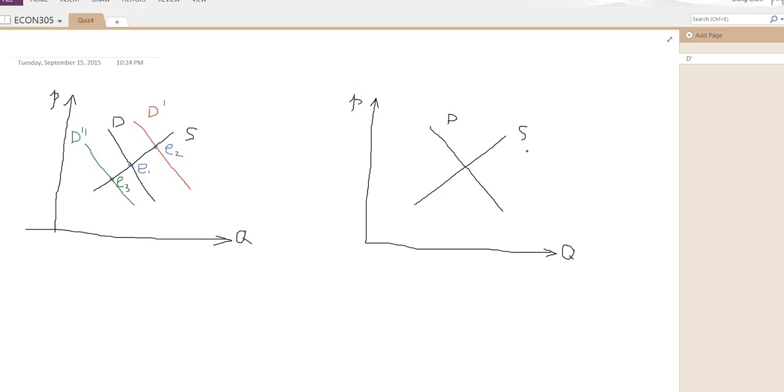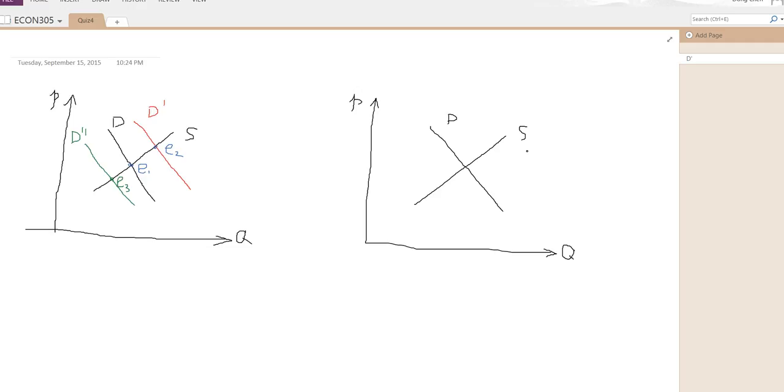there are more products on the market, but the demand remains the same. So the only way to clear the market, which means that demand equals supply, is to make the price go down. Hence the price has to go down. And what about the quantity?